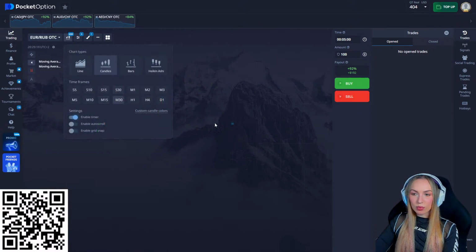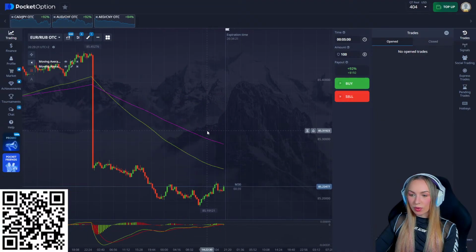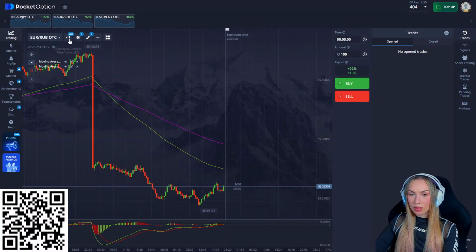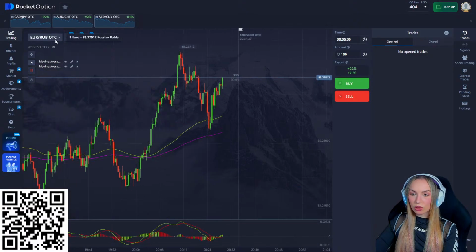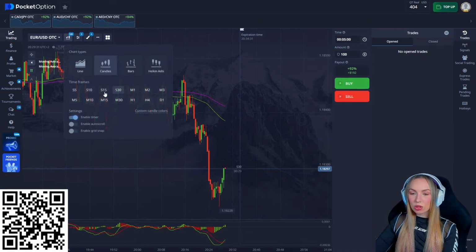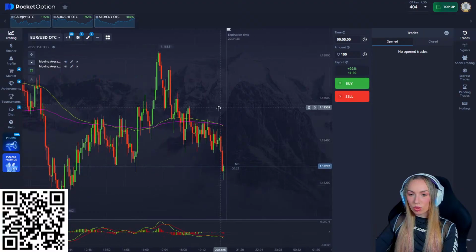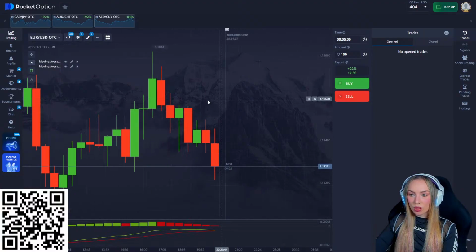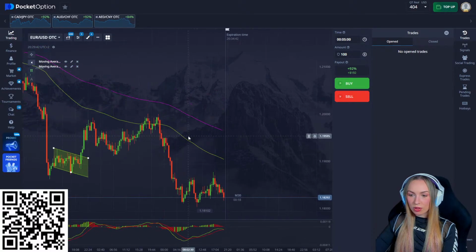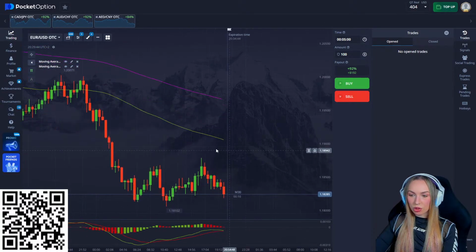Here also we formed the signal to open the trade in the upward direction, but to tell the truth, I don't think that here we have the clear structure. I'm just looking for the charts where we have clear structure. We don't need actual signals, we just need to find the chart with a clear structure.